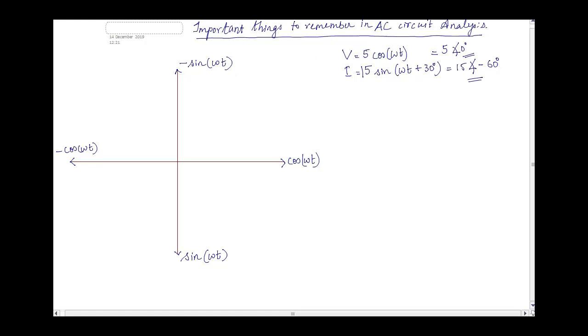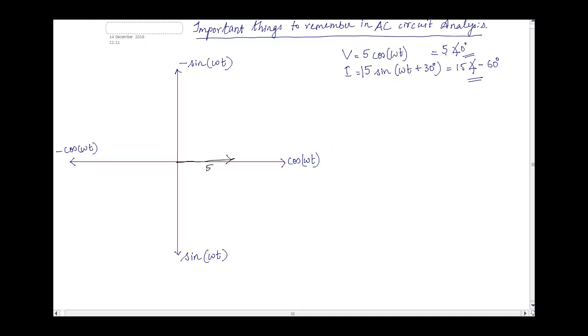Now if we are going to talk about 5 cos omega t, I can directly draw here a vector which is of the length 5, and it's in this direction, so it is cos omega t. So this is 5 cos omega t.